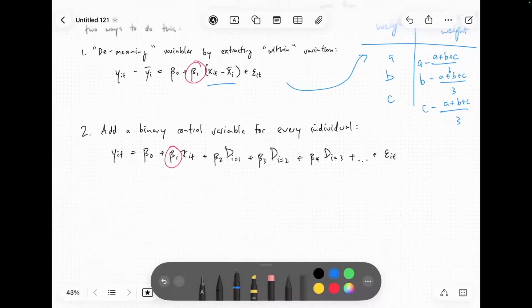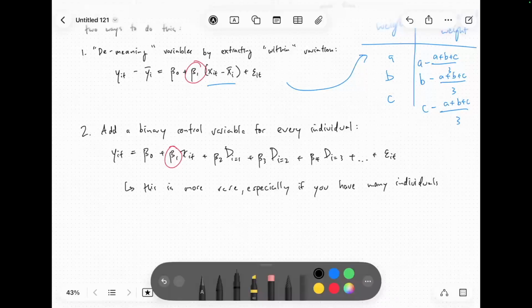I will mention that this one, the second version, is probably more rare, especially if you have many individuals, right? So if you have 1,000 individuals, you would have 1,000 of these dummy variables. Are you really going to bother interpreting all of those coefficients, right?